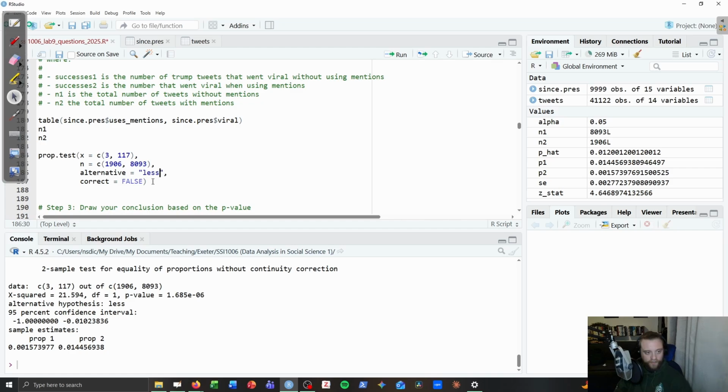So actually, this would be the solution we want, but we could also swap the numbers around. So just something to be aware of when we're doing prop tests, that the order of comparison is defined by the order of these lists.